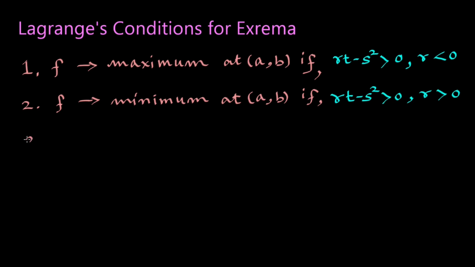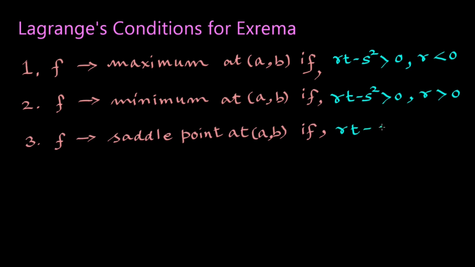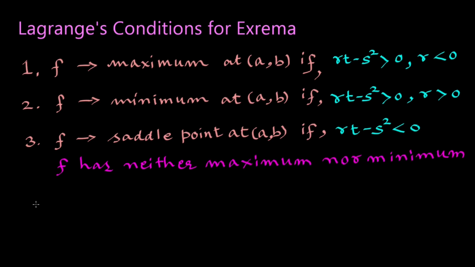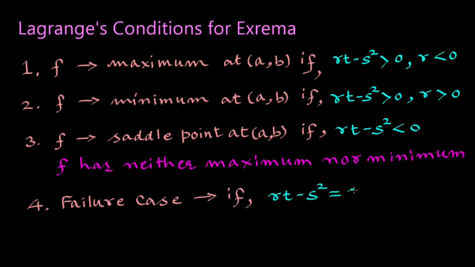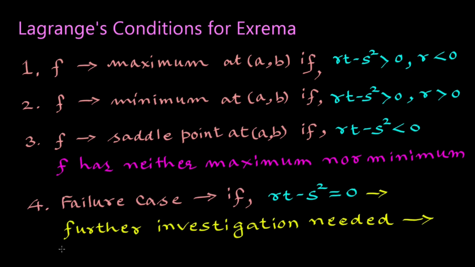Number 3, f has a saddle point at (a, b) if rt minus s squared is negative, and function f has neither maximum nor minimum. Number 4, there is a failure case if rt minus s squared is 0, and in such case further investigation is needed to determine the nature of function f(x, y).